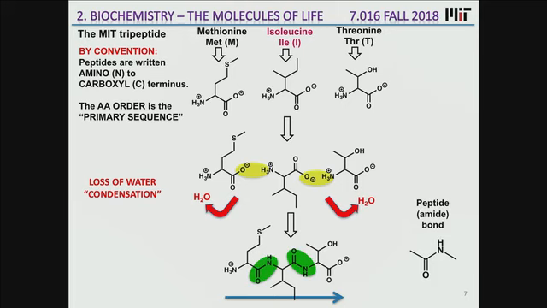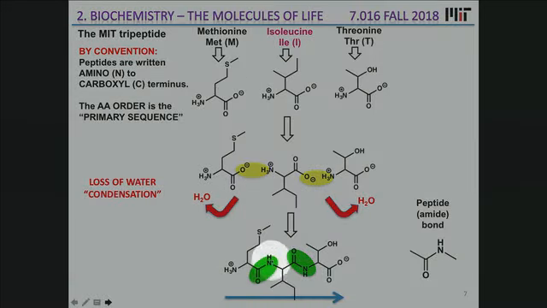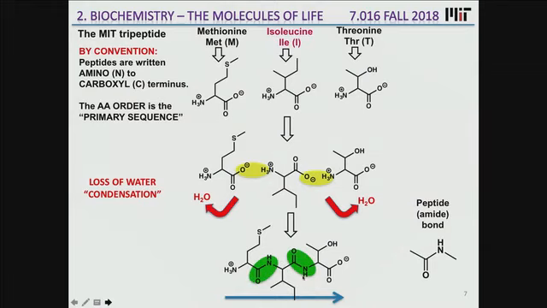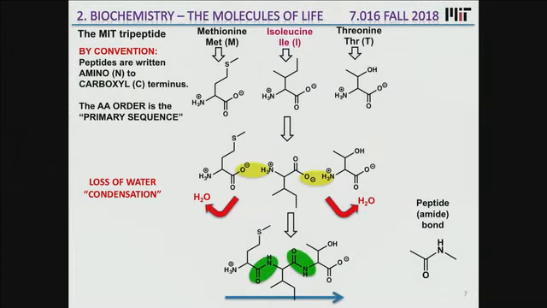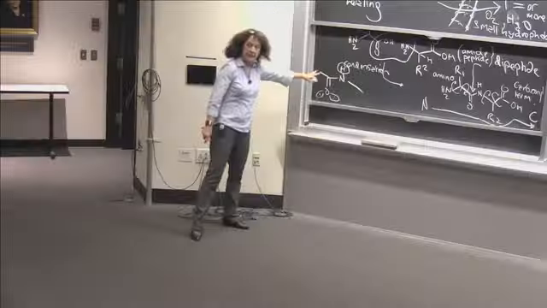If I go down this backbone, every third bond is going to be fairly fixed. There's not freedom of rotation around it. And every third bond is going to have the capacity to be involved in hydrogen bonding interactions, as I've suggested here, all right?